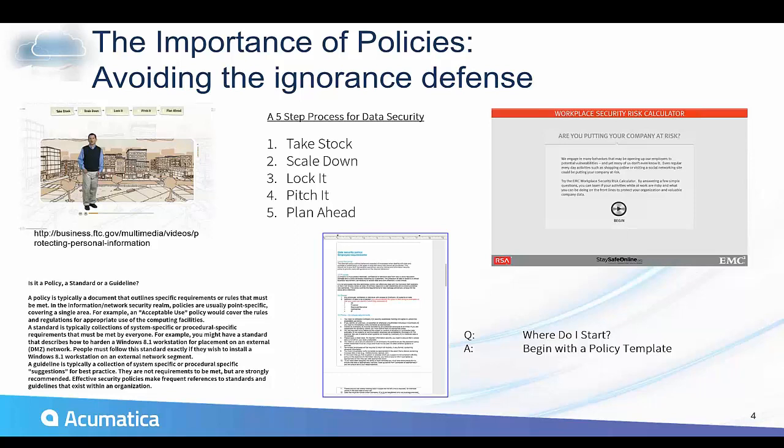And importantly, plan ahead. Be prepared for what will happen if by chance your data security is compromised. Be prepared if by chance your data privacy is breached. Okay, and again, there are lots of different ways.